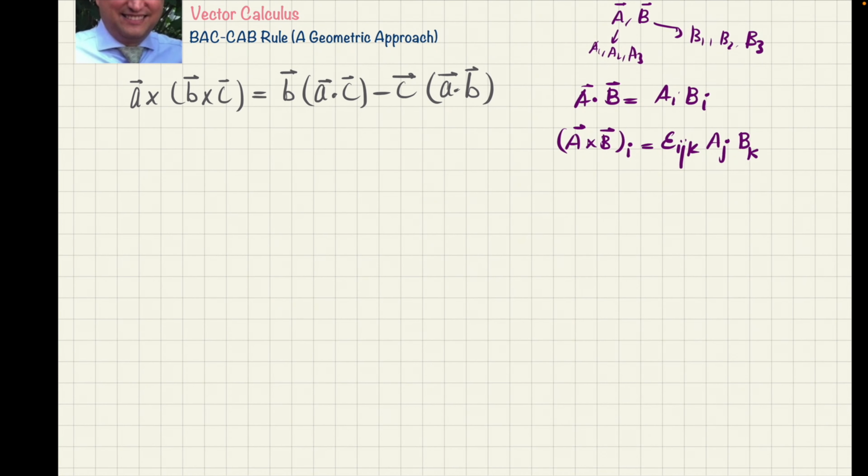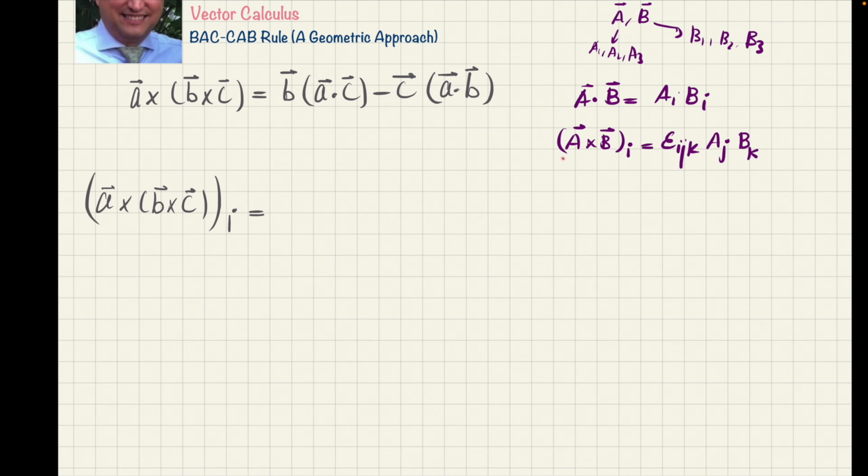So here I want to show that the vector on the left is equal to the vector on the right, so I will take every component of this, for example the ith component, I is 1, 2, 3, and I show that each component of the vector on the left is equal to the ith component of this vector on the right. Okay, so what I do, I will start from A cross B cross C, the ith component.